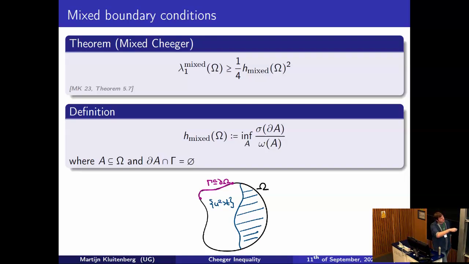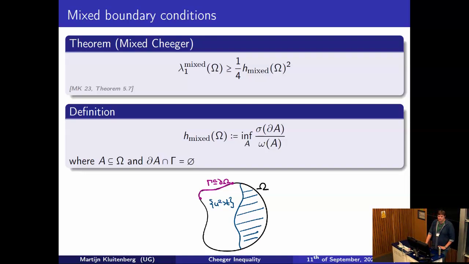The reason that we need this is how the level sets of the first mixed eigenfunction look. They cannot touch this part of the boundary, but they can touch this part. And then if you take the infimum over all such sets and you run exactly the argument that I was showing in the previous slide, you will achieve this bound on lambda1 mixed.